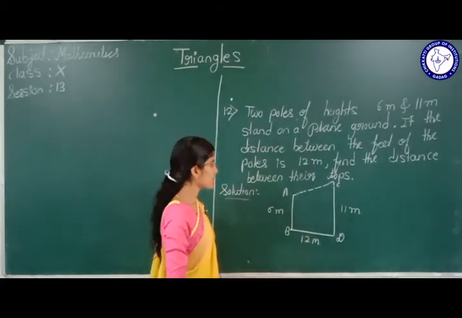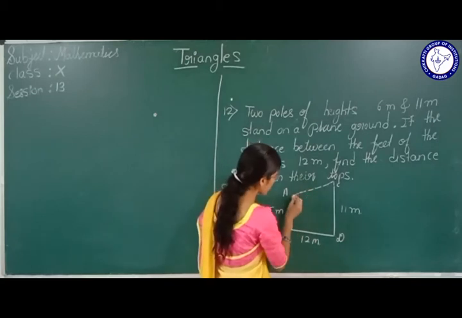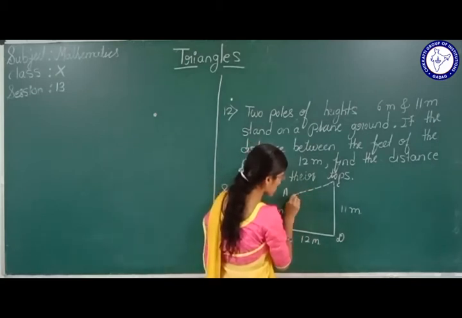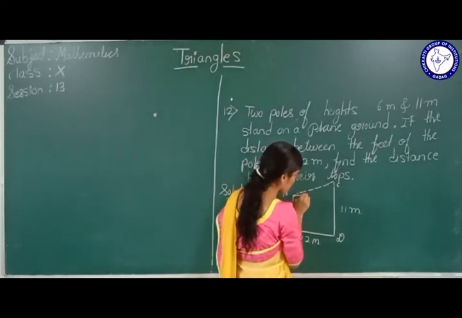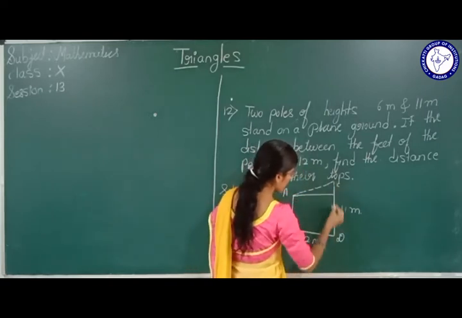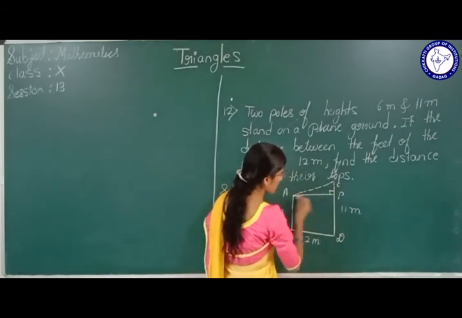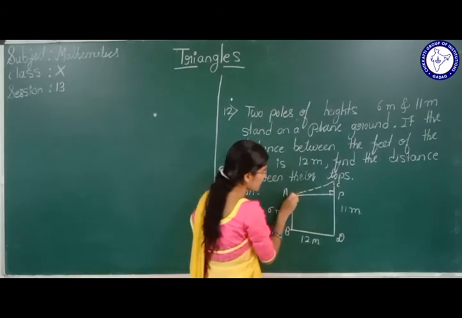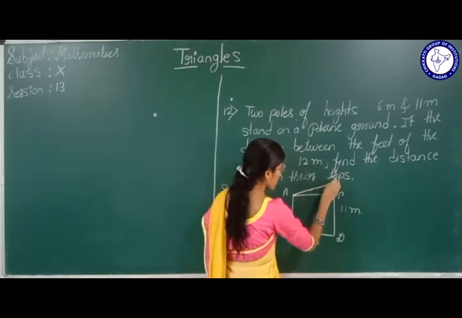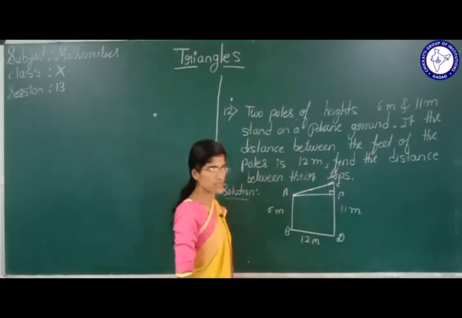Okay, to find the distance AC, what we will do is, we will draw a line perpendicular to CD, okay, we draw a line AP perpendicular to CD. What we have to find out here? We have to find out the length of AC, that is the distance between their tops.